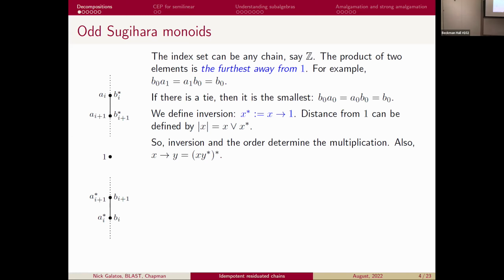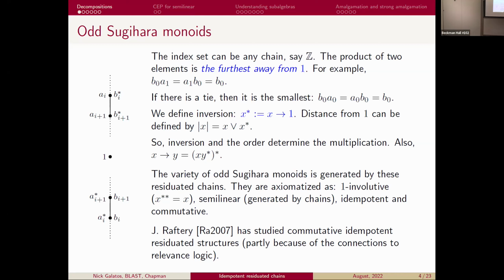We define it also here. It's just x join x inverse, and this is always a positive element, and it measures distance. So you can define distance if you just have the order and the star. Therefore, you can determine the multiplication just by this inverse operation and the order, and also the divisions, or the arrow in this case, because it's commutative, is also determined. So that's the only thing you need to know, these two things.